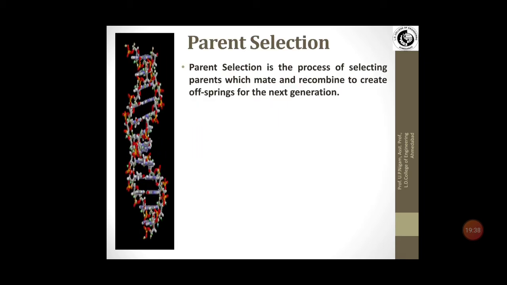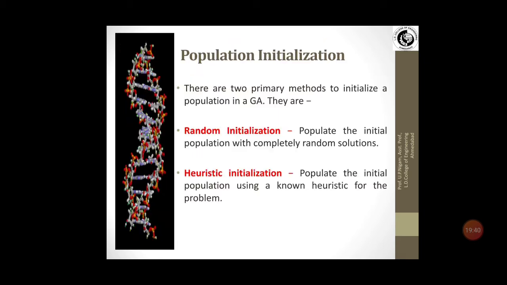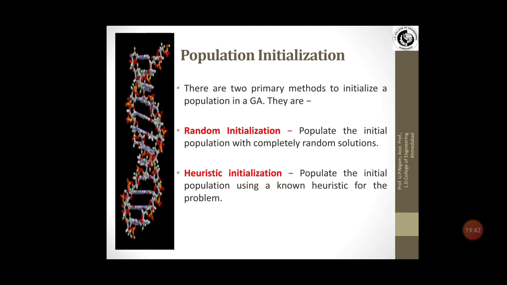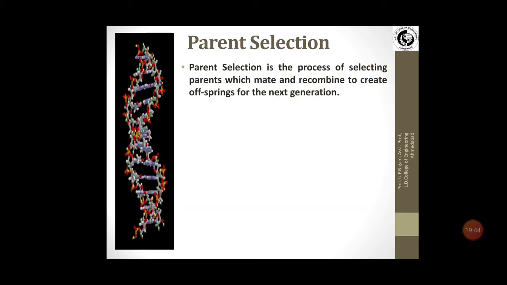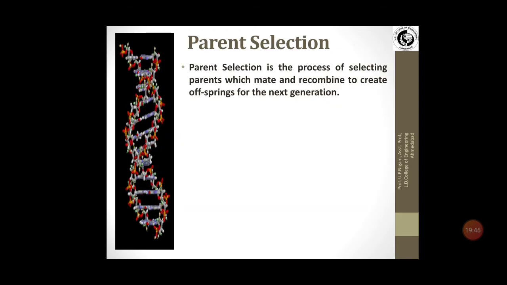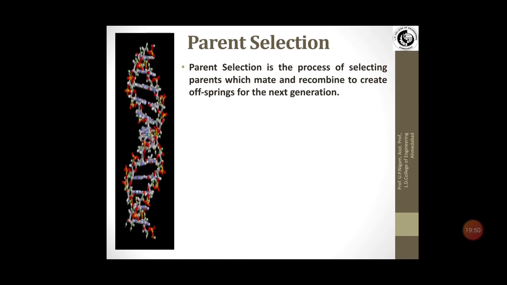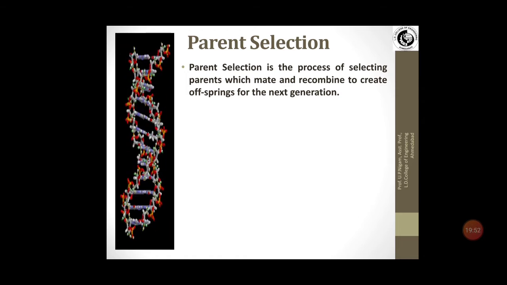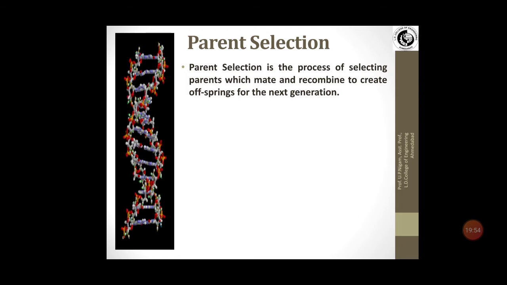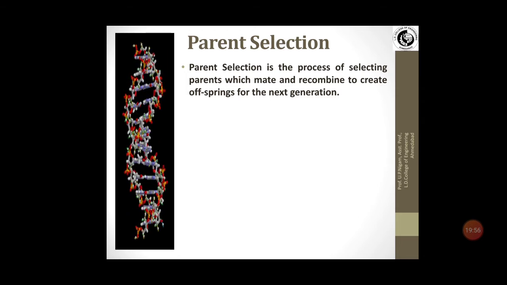Then parent selection is one of the important things in the population initialization, because two parents, after mating, will produce offsprings, and then those offsprings become parents and reproduce further offsprings.